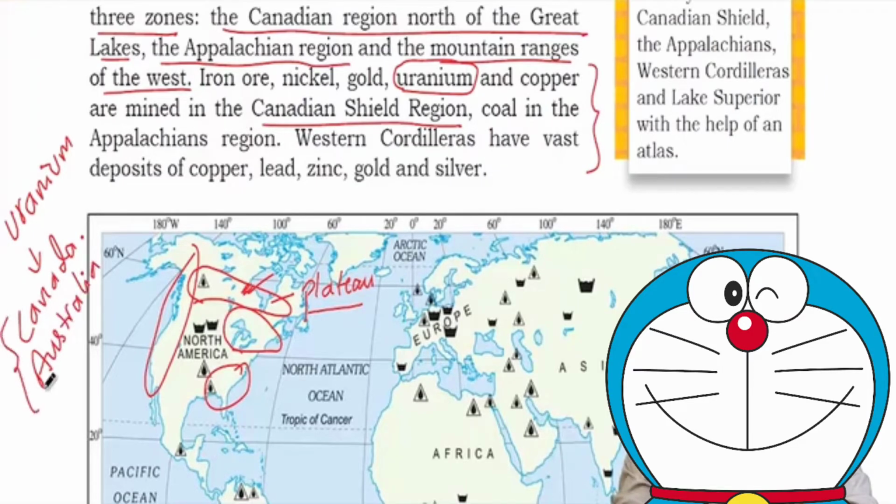UPSC may ask you a question anytime with respect to uranium. The reason is India doesn't have enough uranium and we are actually dependent on other countries for uranium. And this is the reason why India wants to be a member of NSG, that is Nuclear Suppliers Group. Is it fine? Now it is mandatory for you to look at uranium reserves in the world, and you should remember Canada and Australia have it.